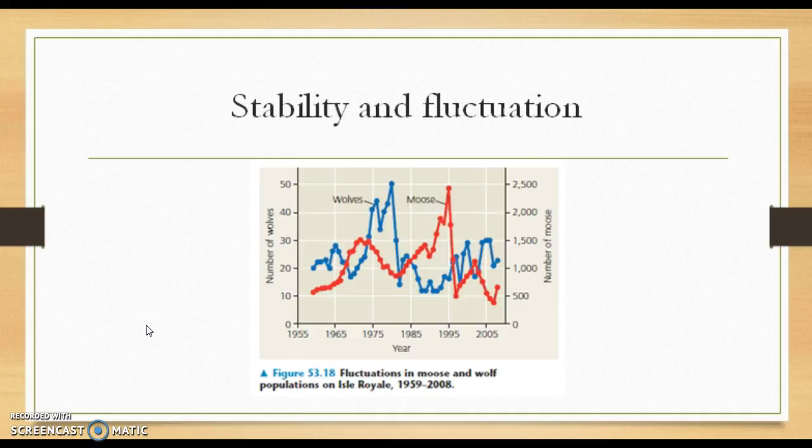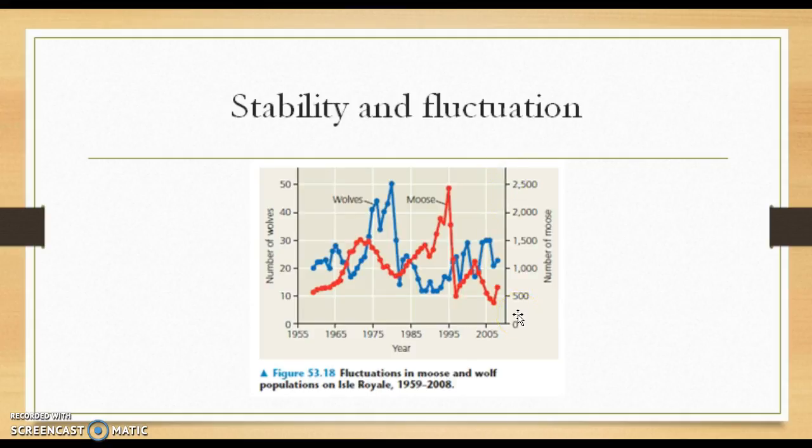One mechanism of population dynamics would be stability and fluctuation of populations. What we see right here is called a predator-prey graph, and it charts the population size of a prey population relative to a predator population. Notice the wolves are graphed on this y-axis and the moose are graphed on this y-axis.